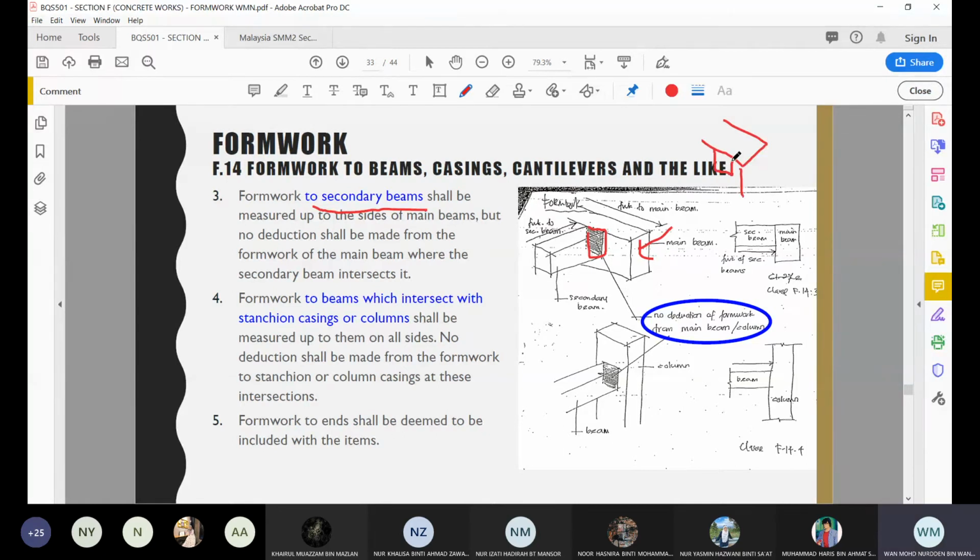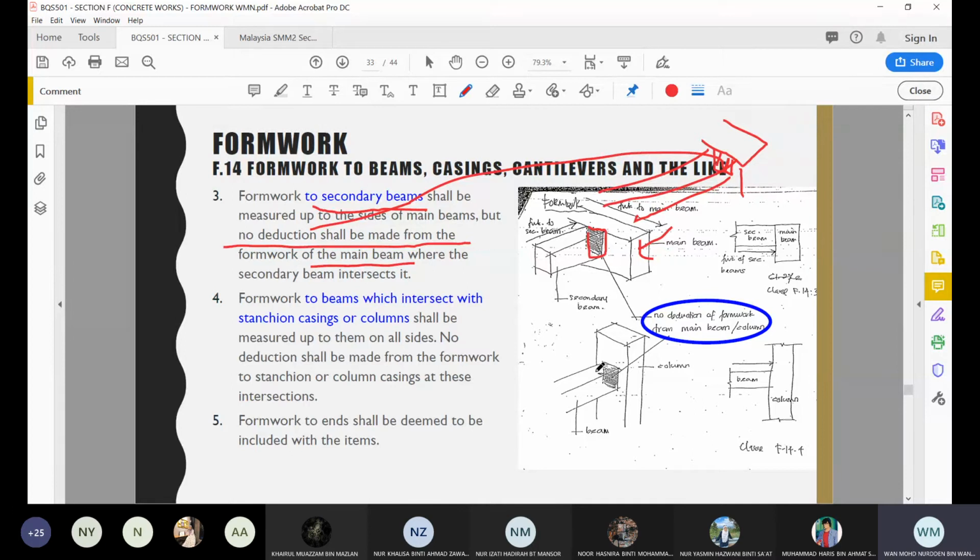Kawasan akan kosong. Sebab kat kawasan ni kita akan sambung dengan formwork yang lain untuk kita formwork untuk secondary beam. So kawasan ni walaupun dia berlubang kat sini, tapi no deduction shall be made from the formwork of the main beam where the secondary beam intersect it lah.